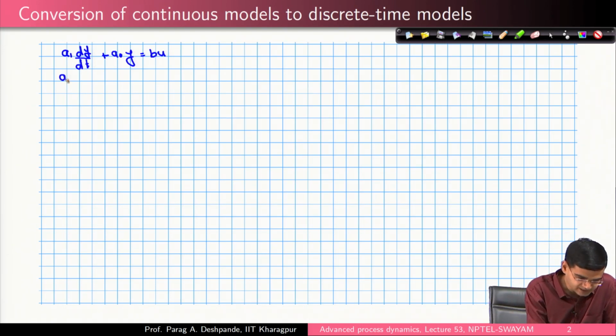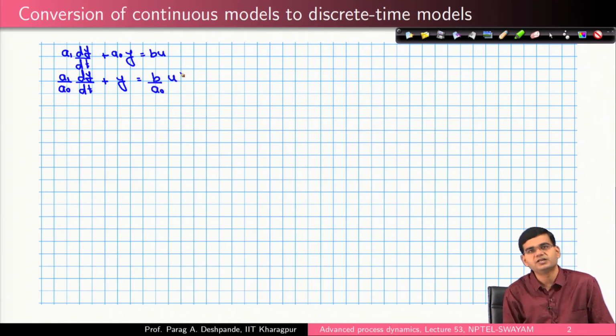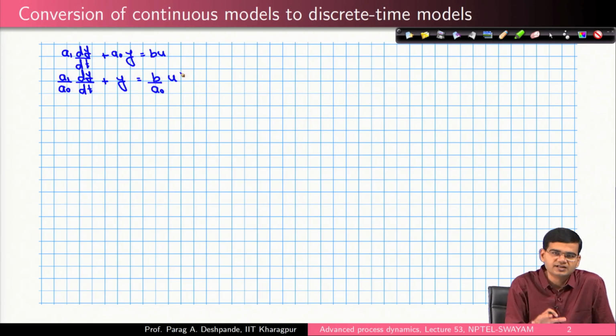Let us write it as A 1 by A 0 dy by dt plus y is equal to b by A 0 u. We are doing it for convenience to club the quantities to physically important variables. Mathematically, this same procedure can be done without this division as well.